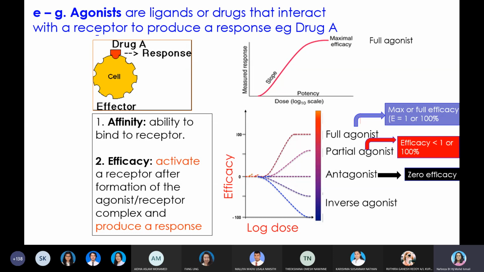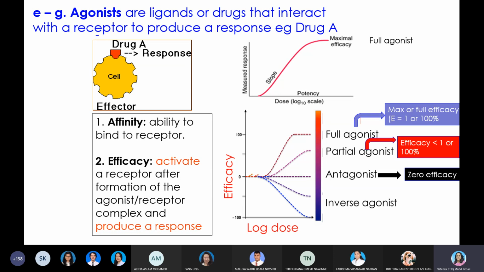Okay, potency. Potency is a very important concept. Potency refers to the dose of a drug. 5 milligrams of drug A can reduce the blood pressure by 50%. Drug B also can reduce the blood pressure by 50%.